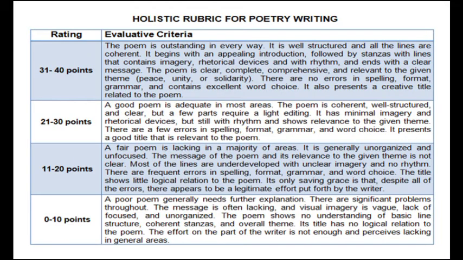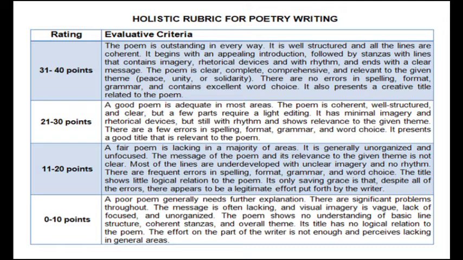Our next example is a holistic rubric for poetry writing. It has 4 evaluative criteria with an equivalent rating scale. Now, the first criterion is: the poem is outstanding in every way. It is well structured and all the lines are coherent. It begins with an appealing introduction followed by stanzas with lines that contain imagery, rhetorical devices, and rhythm, and ends with a clear message.